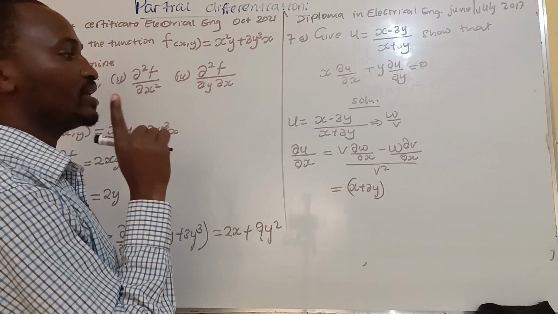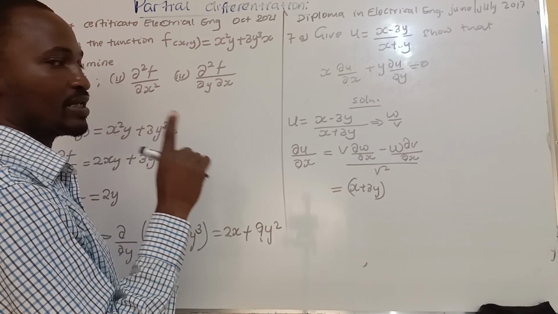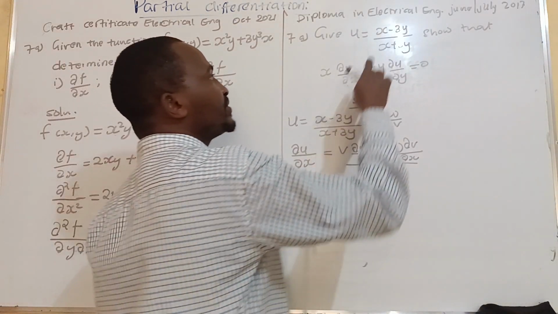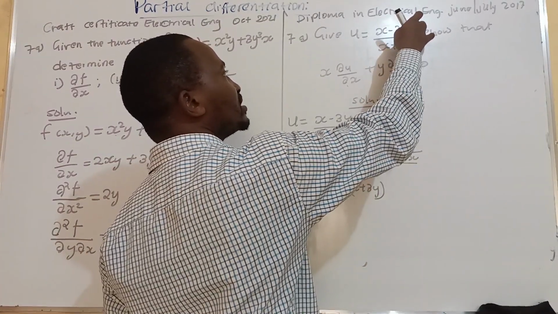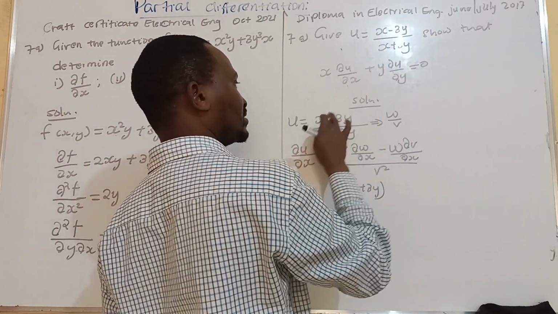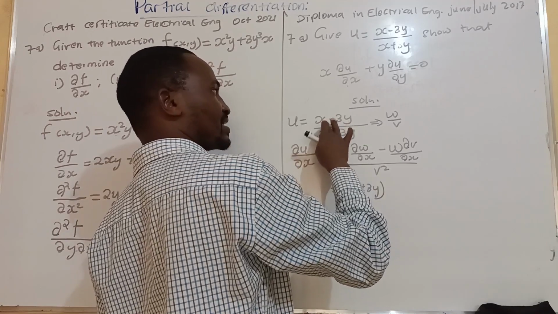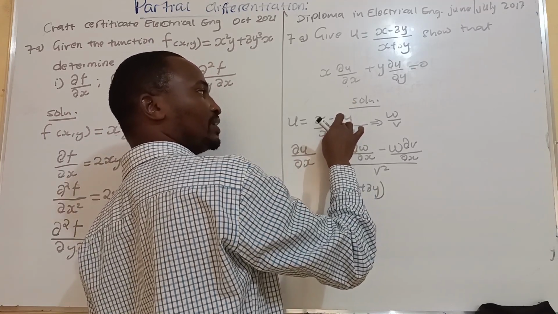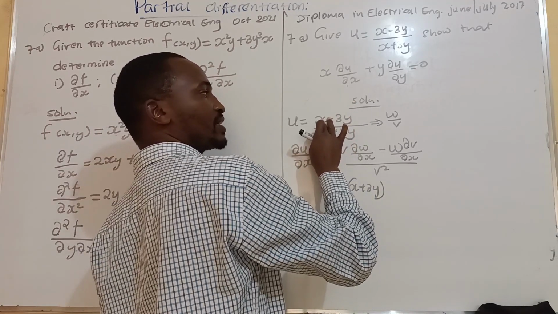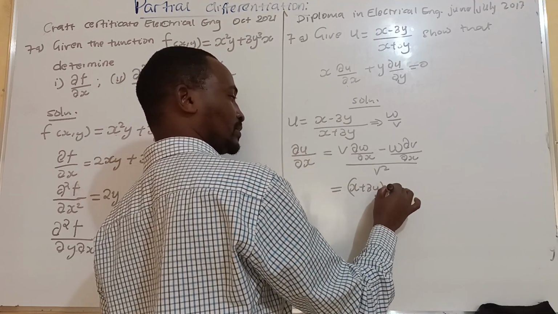Let us differentiate w, but this time with respect to x. If you differentiate w, which is x minus 3y, with respect to x, y is a constant, so it will disappear, and differentiating x with respect to x gives 1.